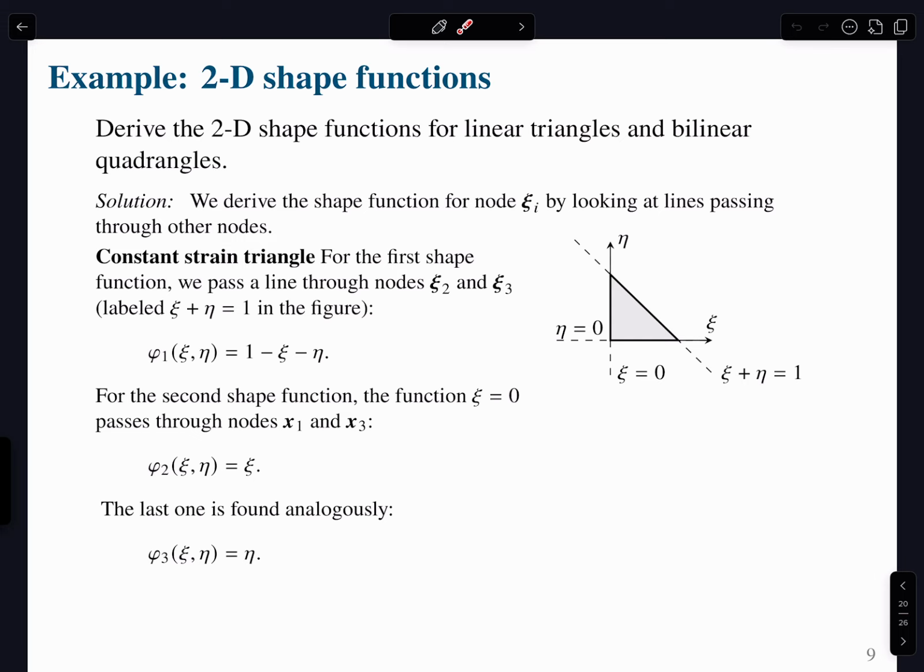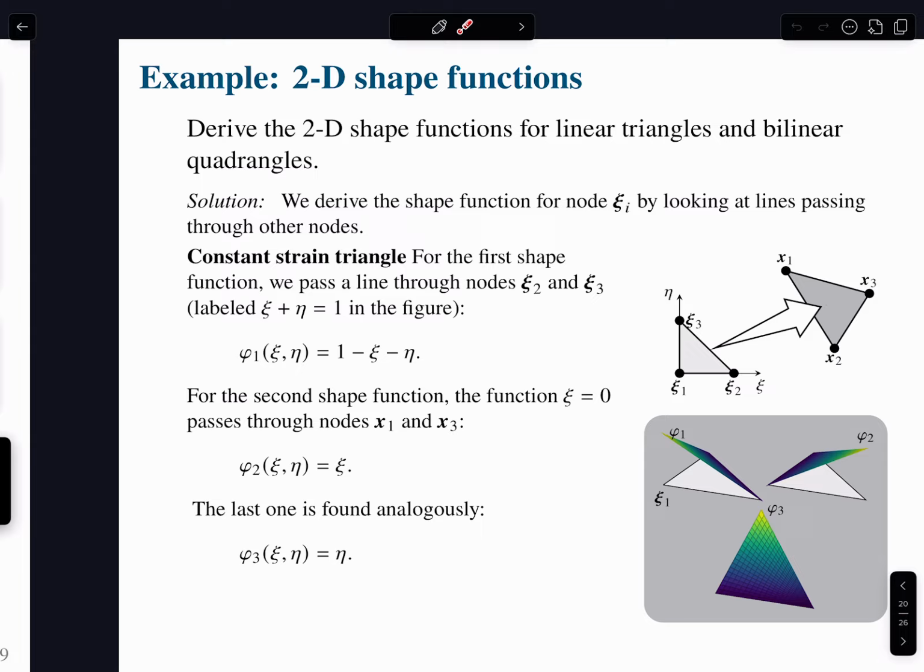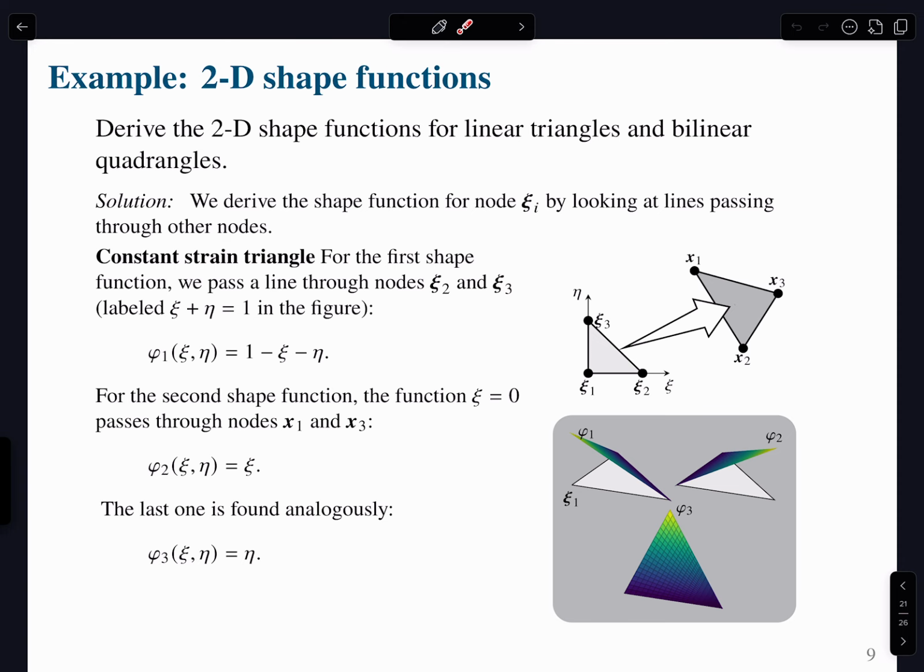And the nice thing about this very simple exercise is that we didn't have to do any scaling, because notice that we always want the value of the shape function at a node to be equal to 1. And it just happens that for this particular element, it automatically happened that the shape functions were equal to 1 at the node, but that is sometimes no longer the case with other examples, and that is what we're going to do next.